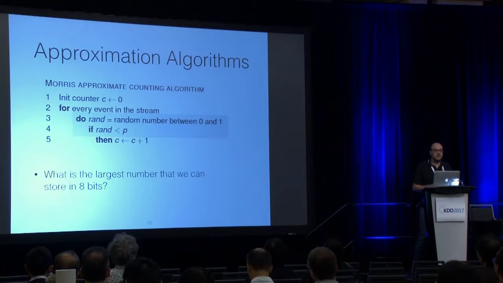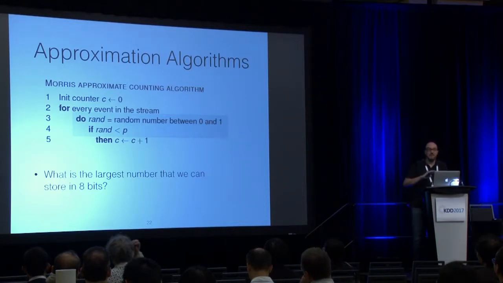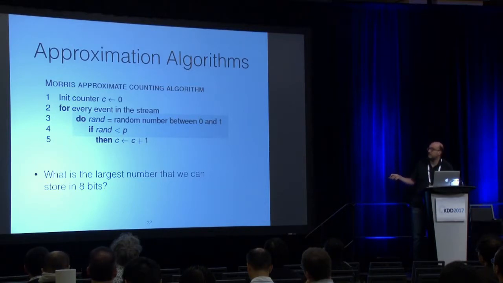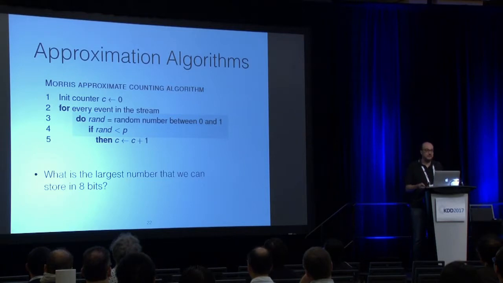So how does this work? The method is very simple. If we compute the exact solution, for each one of the events in the stream we add 1. With the approximate method, for each one of the events, we take one random number between 0 and 1.